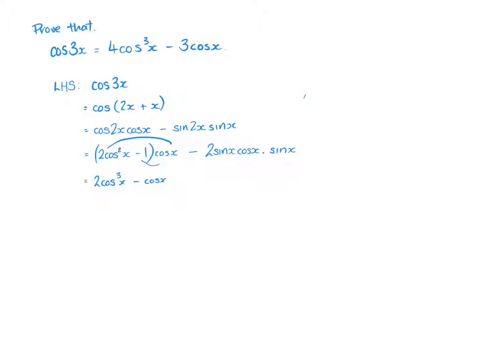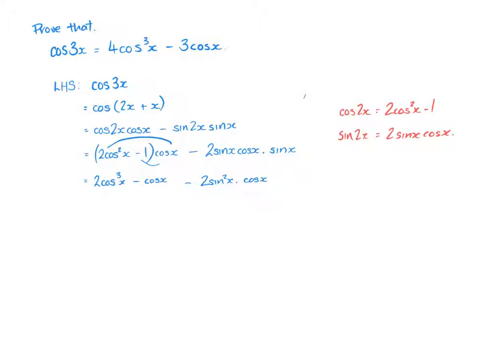And then over here, once we combine it together, we've got 2 sines, so we're going to take away 2 sine squared x times cos x. Just as a reminder, what we've used is that cos 2x is equal to 2 cos squared x minus 1, and that sine 2x equals 2 sine x cos x.